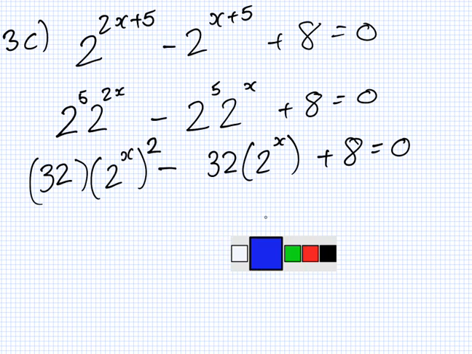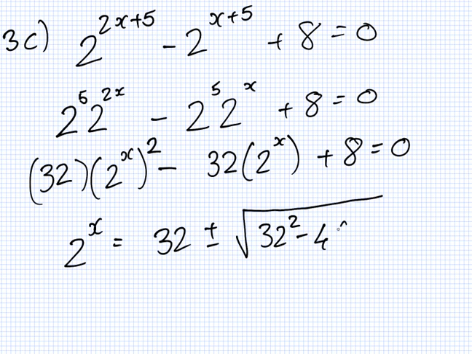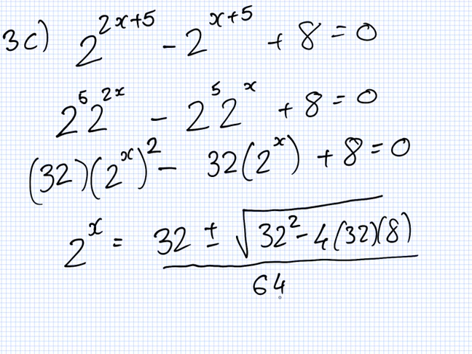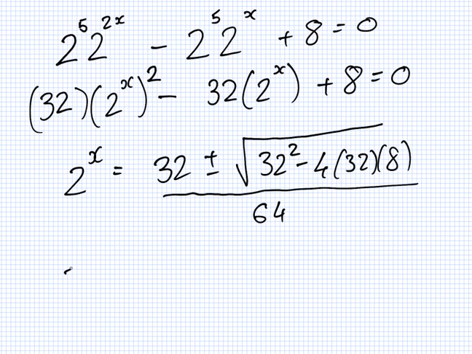I'm too tired to think about what the factors can be. So I have 2^x equals minus b plus or minus the square root of b squared minus 4ac, all over 2a. So that is 2 power x equals 32 plus or minus the square root.